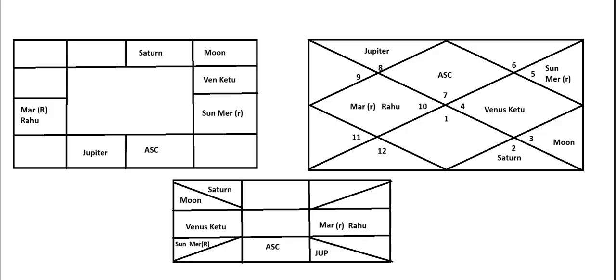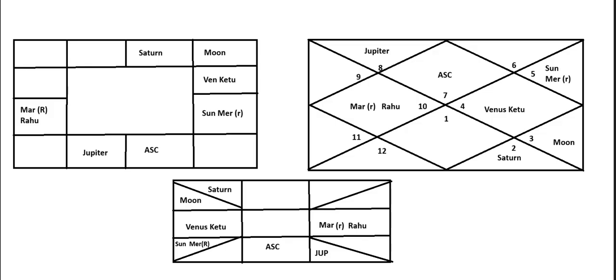Here you can see there are three types of charts: South Indian chart, North Indian chart, and East Indian chart. So let's get down to the basics.